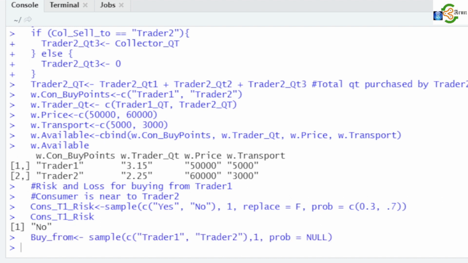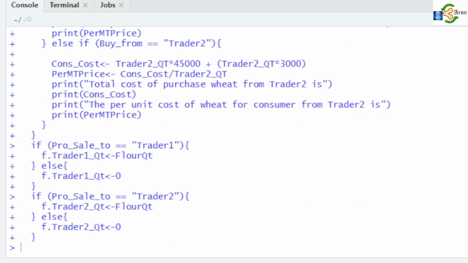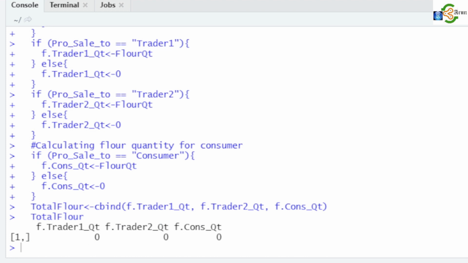And let's do some calculation. For the flour, let's see what result will be produced. For the flour, there is no processing at this time. As I already mentioned, neither farmers nor collectors sold to the processor, so there is no processing and no flour produced.